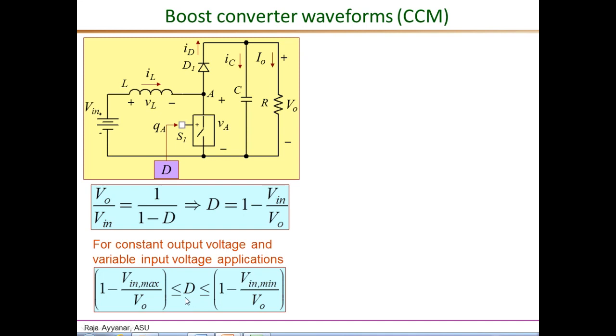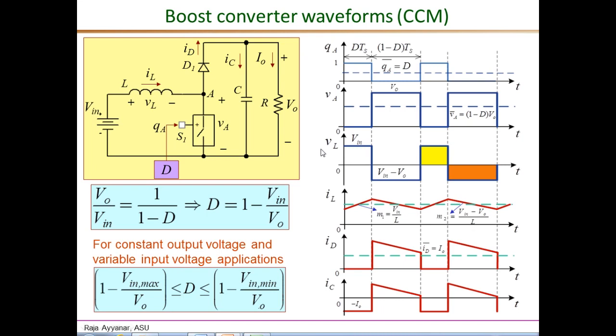D is at its lowest when the input is at the maximum value. So D varies from a minimum of 1 minus Vin max over the constant VO to a maximum value of 1 minus the minimum input voltage over VO. So as the input voltage increases, the D decreases to regulate the output voltage at a given value.